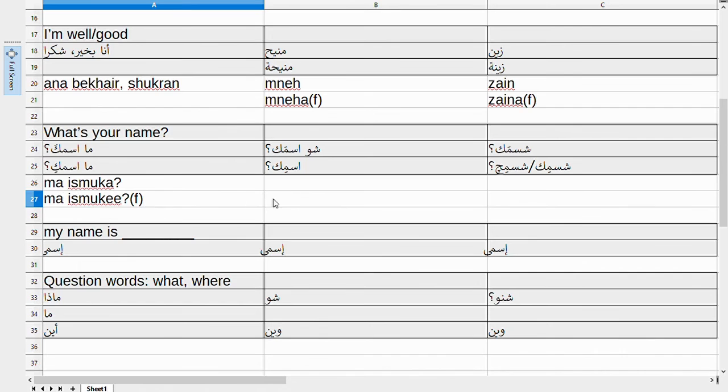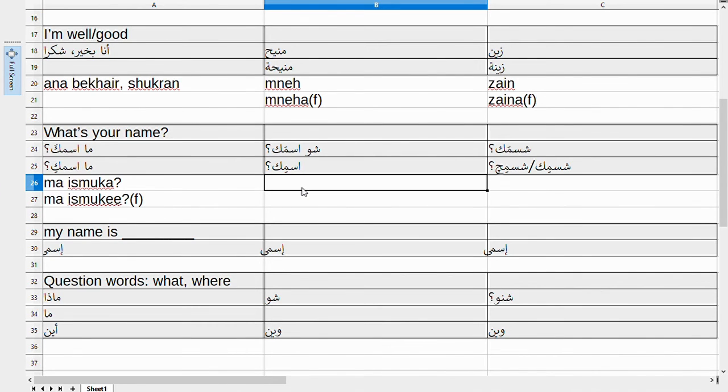Now in Levantine Arabic, they use shu as what. So shu ismak, shu ismik, and again, you've got the kasra and the fatha before the kef, the k sound. So it's like shu ismak or shu ismik. And that's for a female, what's your name?